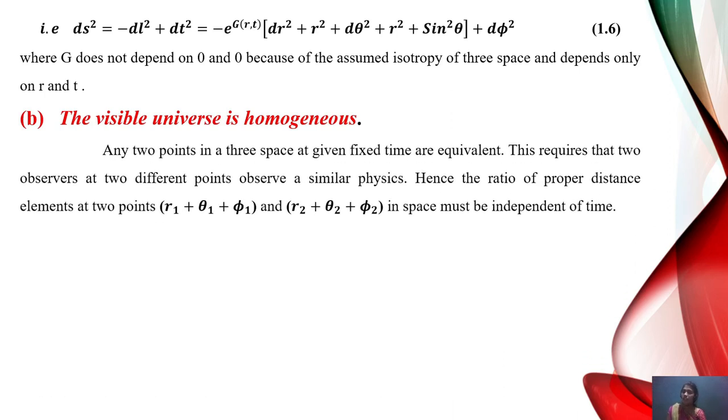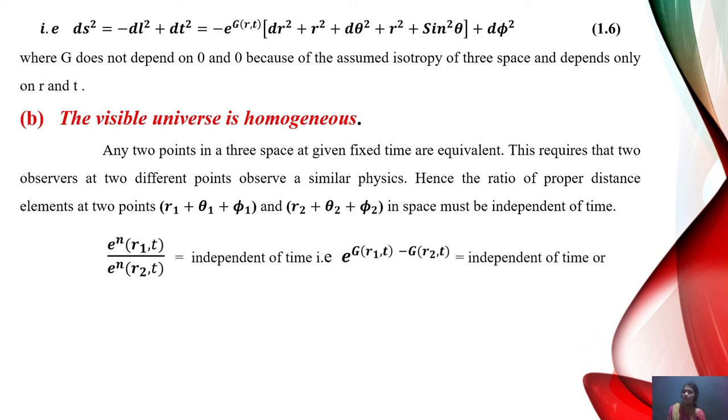Any two points in three-space at a given fixed time are equivalent. Two observers at two different points observe similar physics. Hence the ratio of the proper distance element at the two points r1, theta1, phi1 and r2, theta2, phi2 in space must be independent of time.